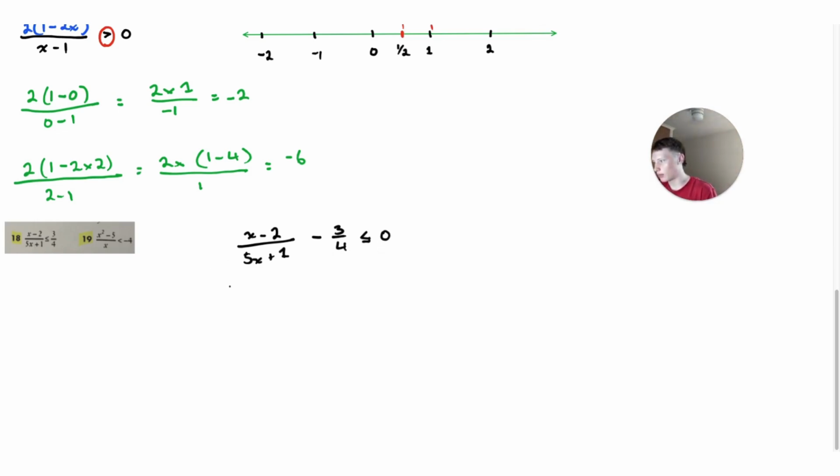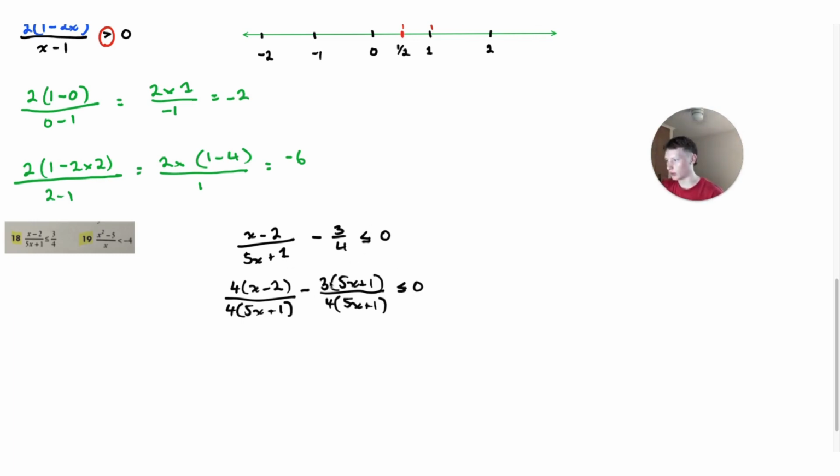So we can multiply that by 4 and all of this by 4. And then we can also do, well, 5x plus 1 and then 4 outside of 5x plus 1 there. Still less than or equal to 0.